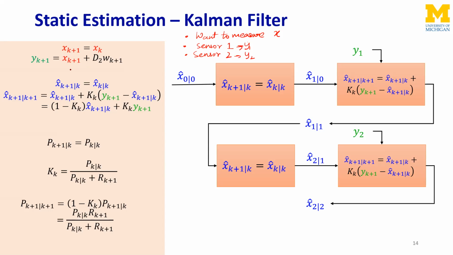Okay, so these equations are exactly the equations that we saw on the previous page. I shouldn't call it the true system, I should call it the model. This is our model. The dynamics is static, and we have a full state measurement, and the measurements are corrupted by the measurement noises.